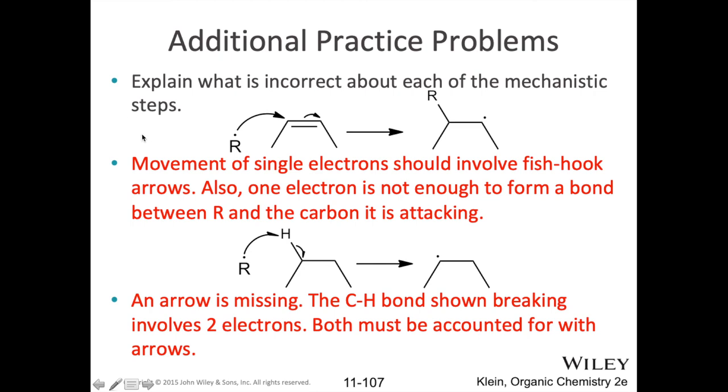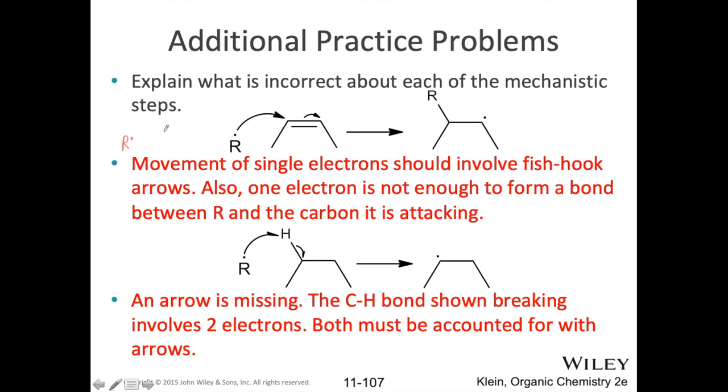What you should have had was a fishhook arrow going from this radical into empty space, and then this pi bond cleaving, where this is a fishhook arrow making this radical, and another fishhook arrow going out here and forming a bond with that radical. Oops, I need to go back. Turn the pen on. There we go. So it would have looked something along the lines of this.